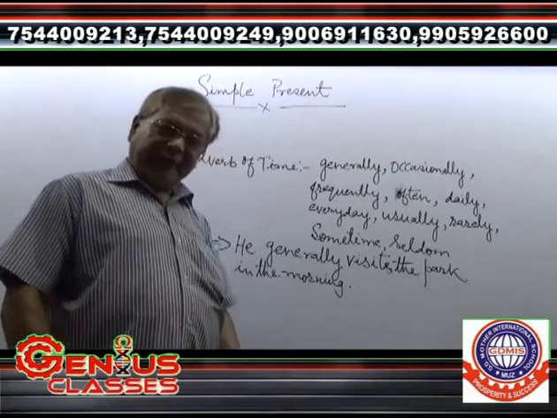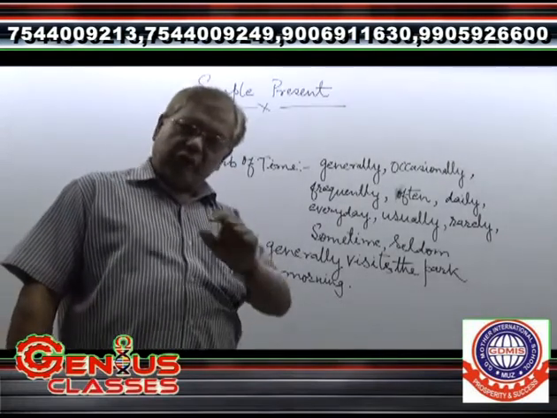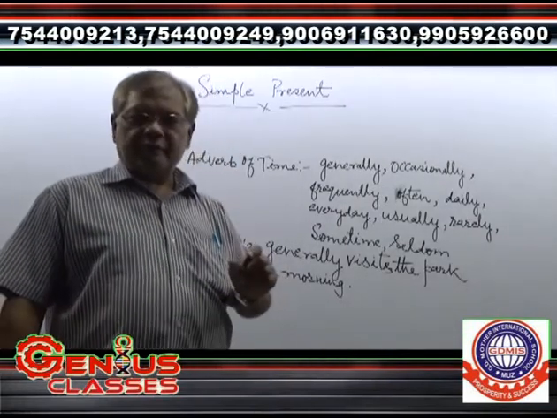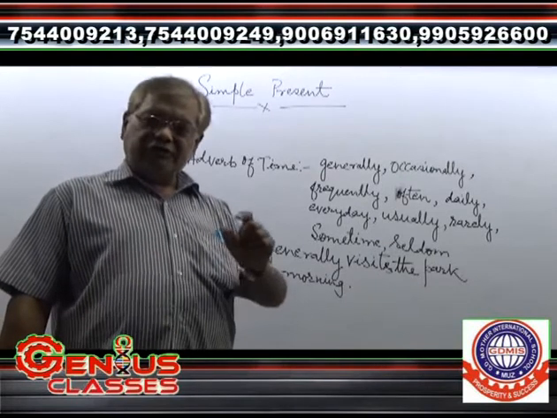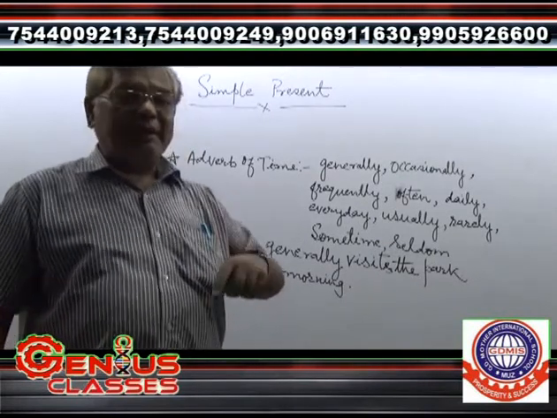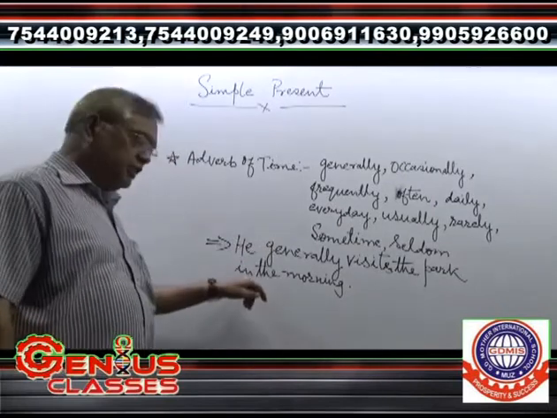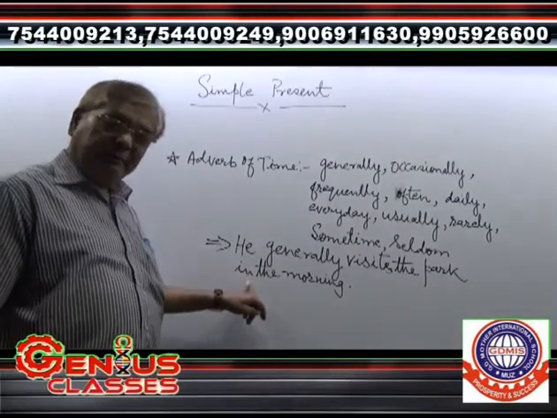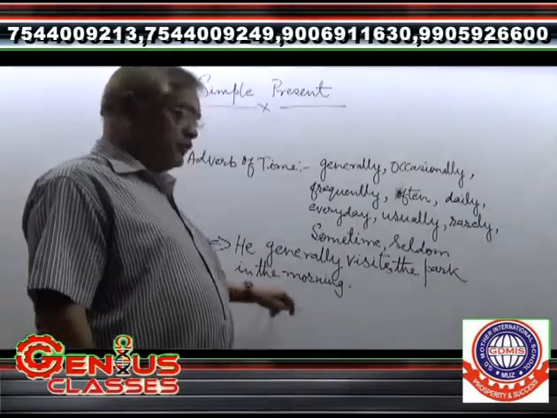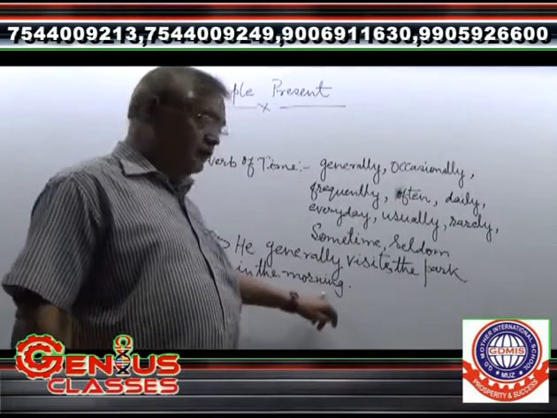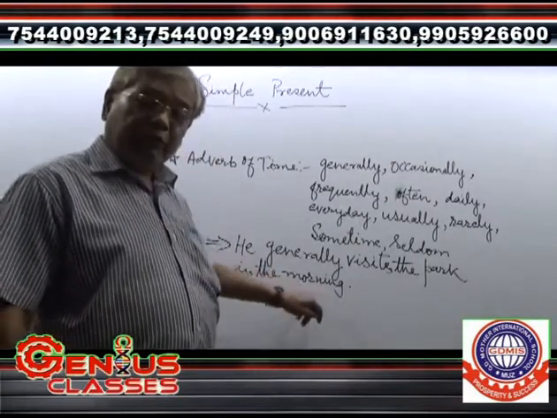Remember that the phrase actually is also a group of words which starts from a preposition. So here the word in is a preposition. So in the morning, there are three words in this.